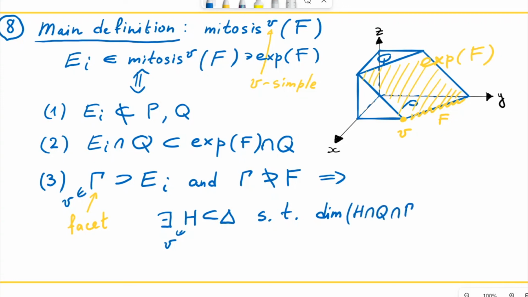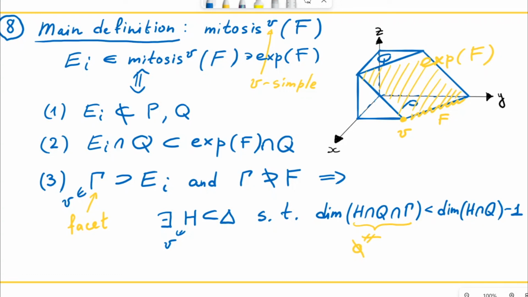What does this mean? This means that the intersection of H with delta, if we intersect it with gamma, will have dimension smaller than expected. So in the usual transversality condition, the dimension of intersection should drop by 1, because gamma is a facet.